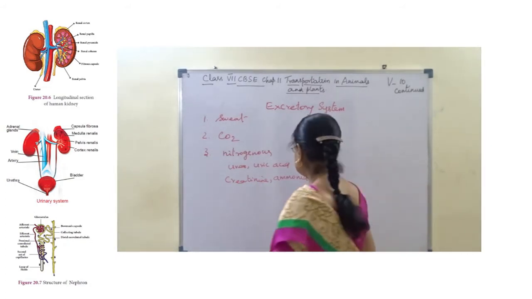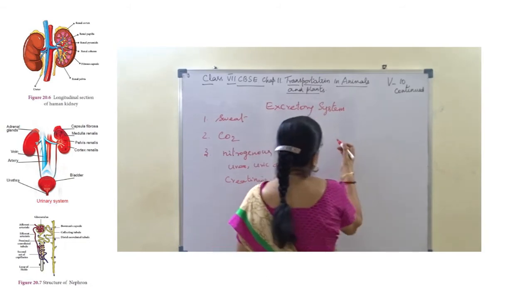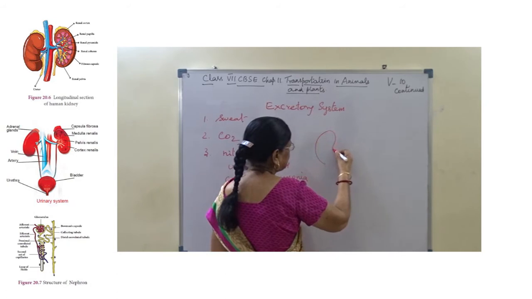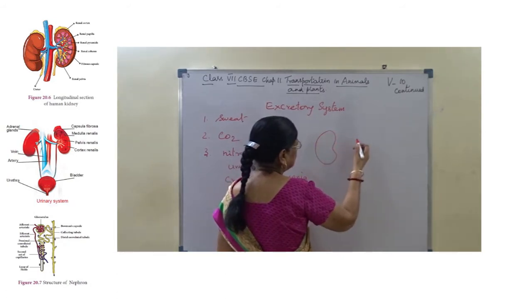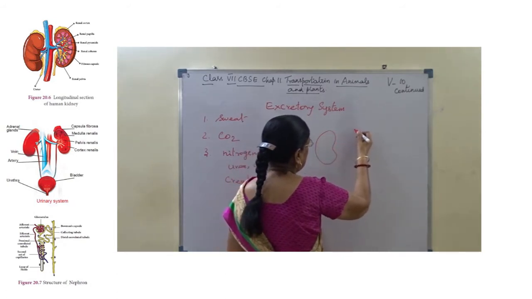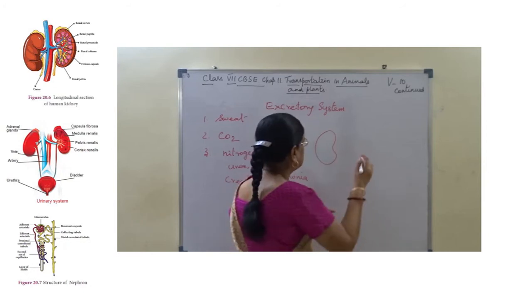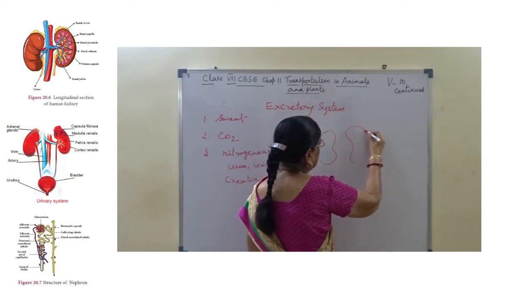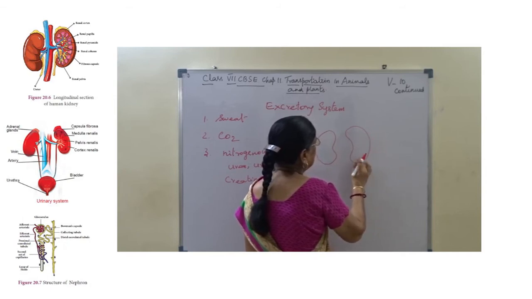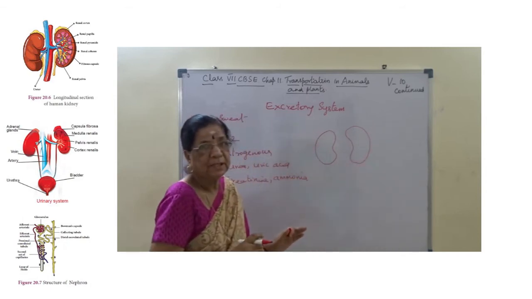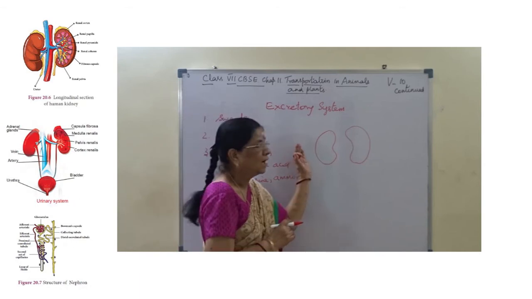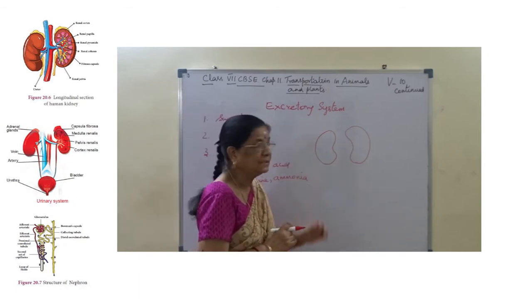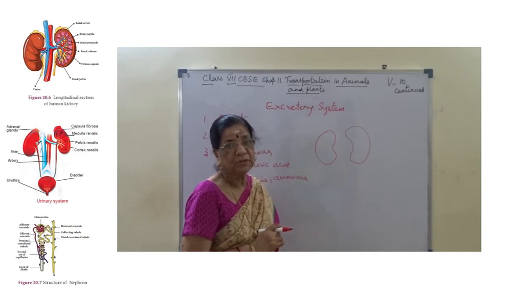So now the structure of the kidney. Normally it is a bean-shaped structure, having an outer convex and an inner concave portion, right?